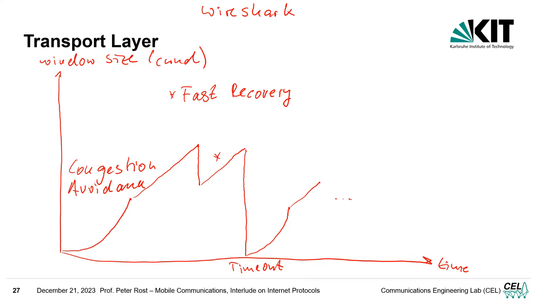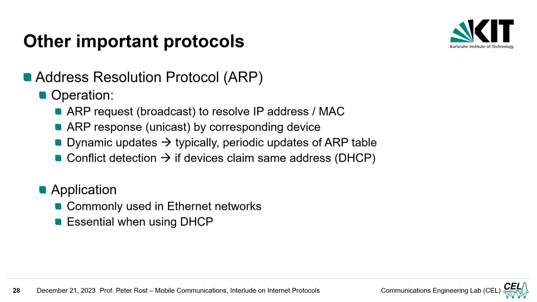Okay. Now, on top of TCP, we have many other protocols. One important one is ARP. So it's not on top of TCP, it's actually on top of IP. Or it's actually to resolve IP addresses. So it's a layer 3 protocol in this case.